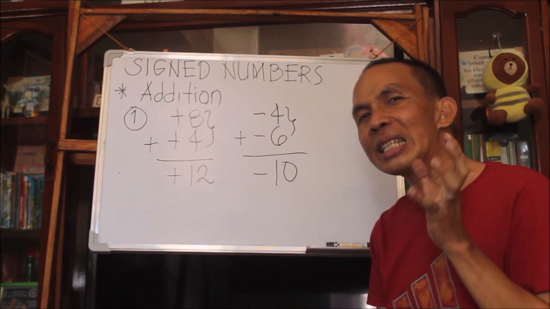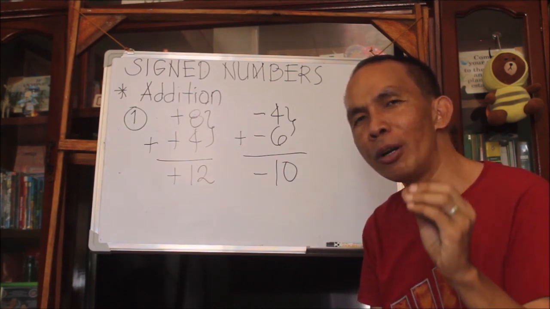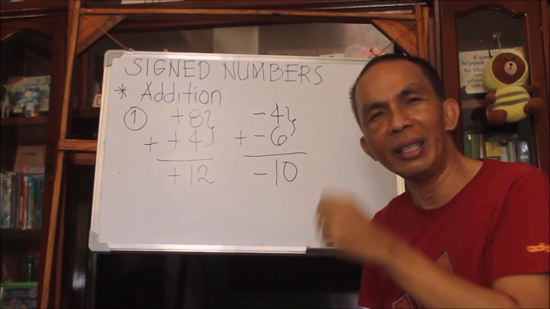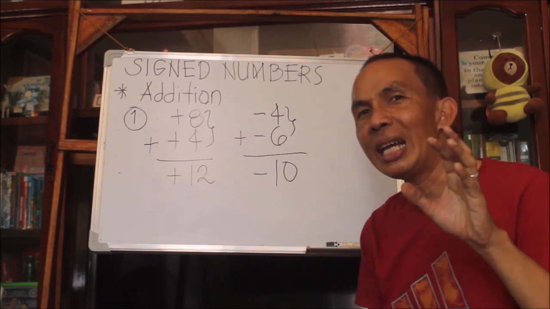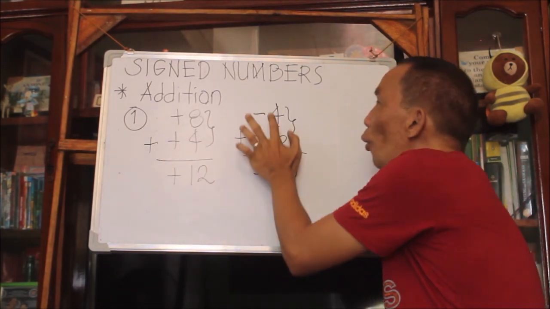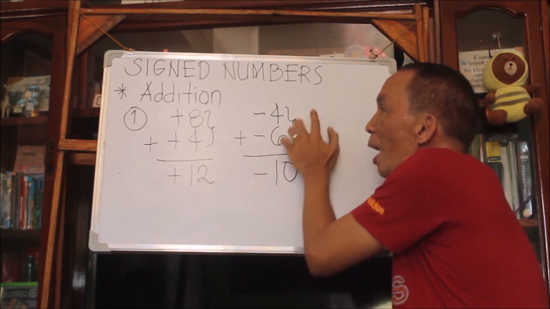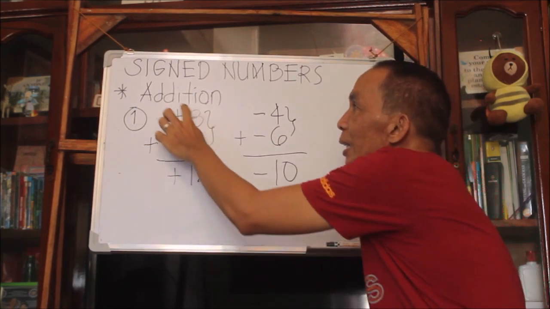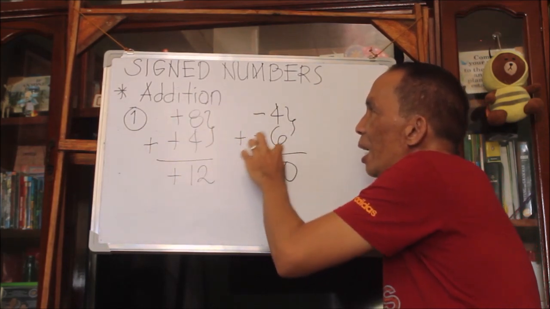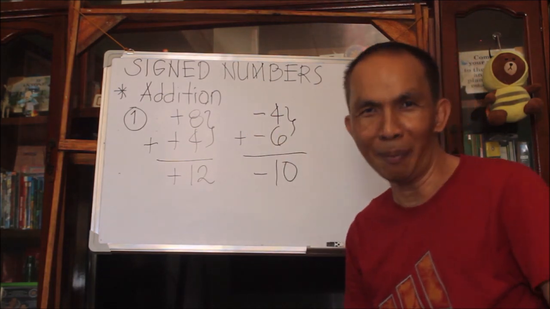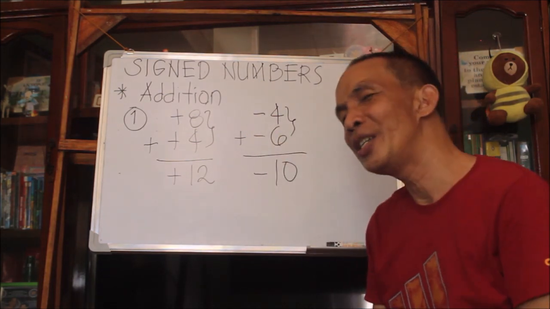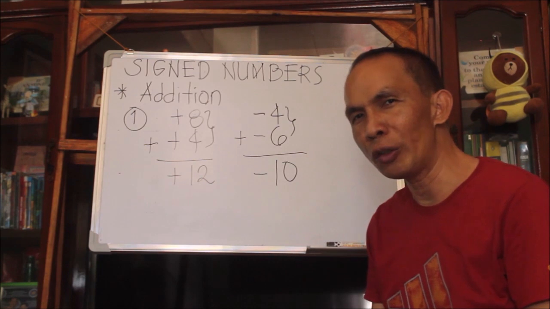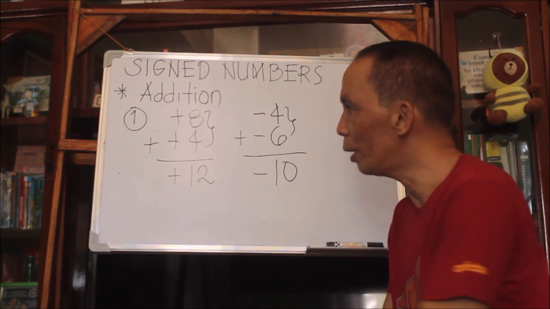Again, in adding signed numbers, if the numbers to be added are carrying the same sign, either positive or negative, simply add the numbers and then copy the sign of the numbers. That is rule number 1 in addition of signed numbers.